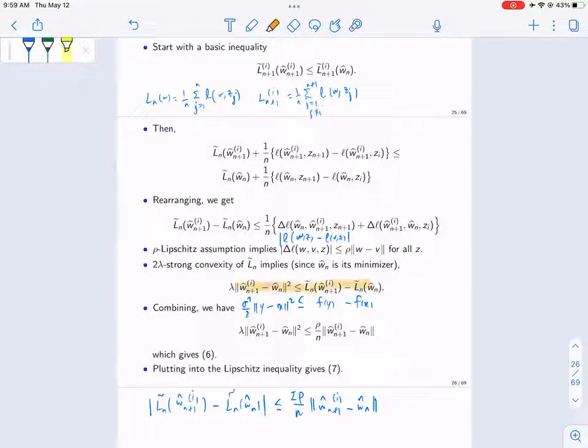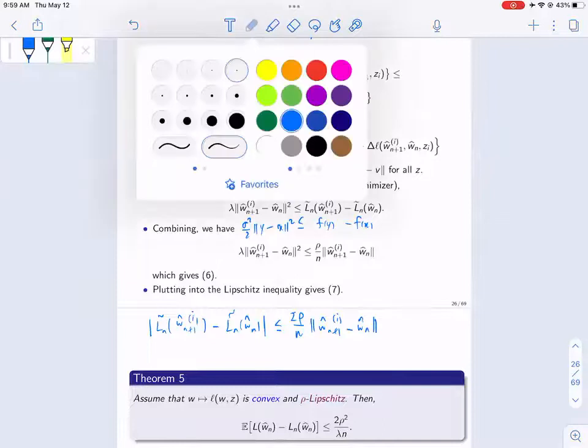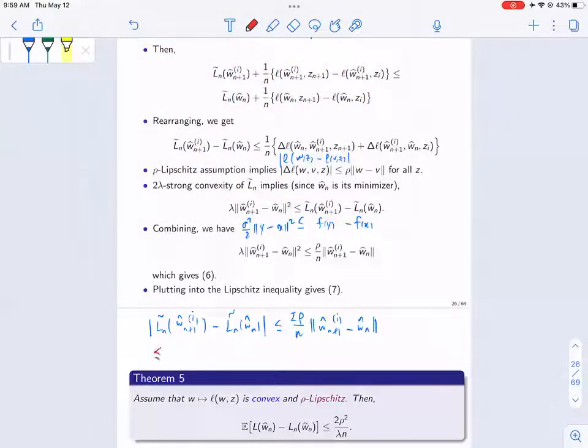So now this side is definitely lower bounded by lambda times the deviation of the weights squared, lambda W hat n plus 1 I squared.